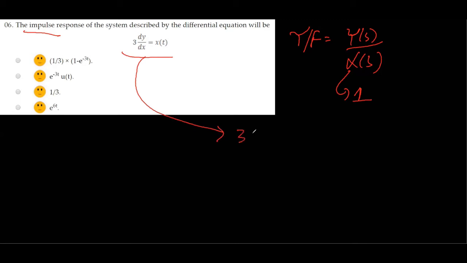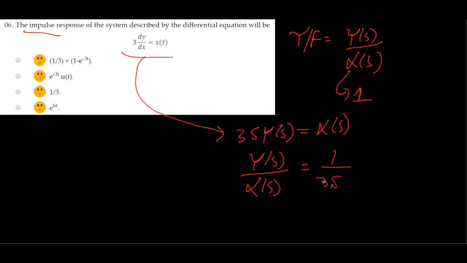So in the s domain, this will be 3s Y(s), that is equal to capital X(s). So Y(s) divided by X(s) will be equal to 1 divided by 3s.